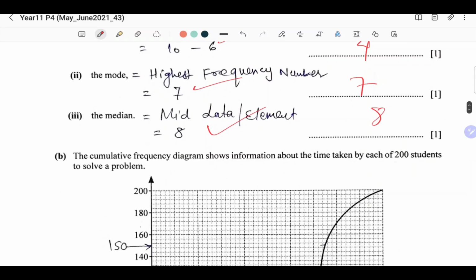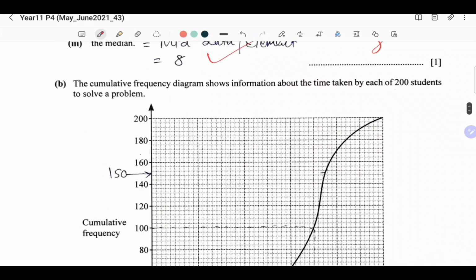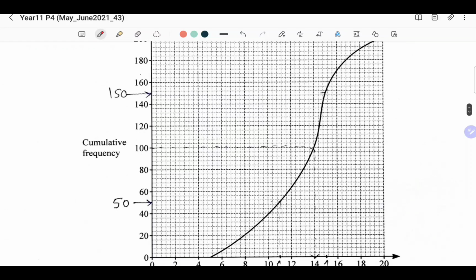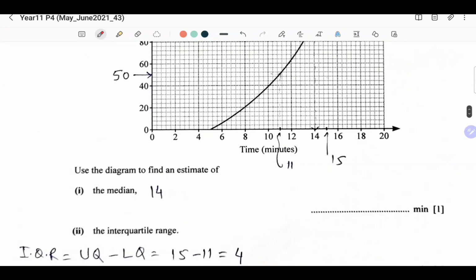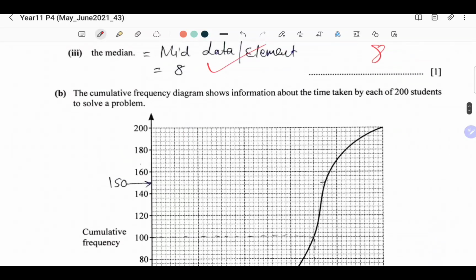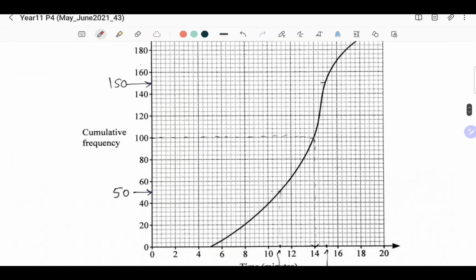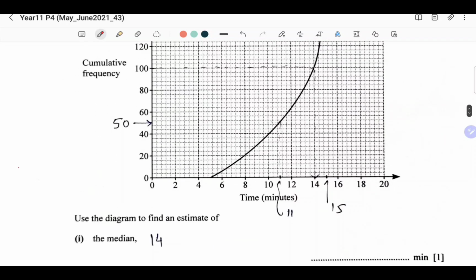That's very simple, guys. Now this is again a very good question. The cumulative frequency diagram shows information about the time taken by each of 200 students to solve the problem. Now use the diagram to estimate the median. You know that, right? For median, let me write it here, guys.